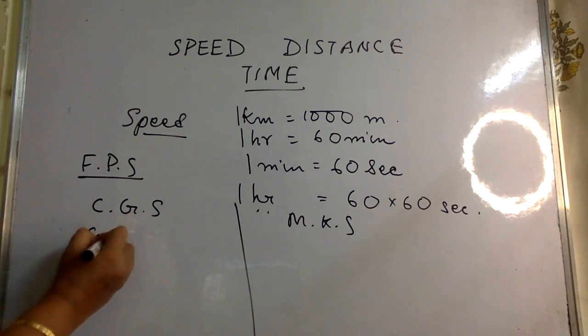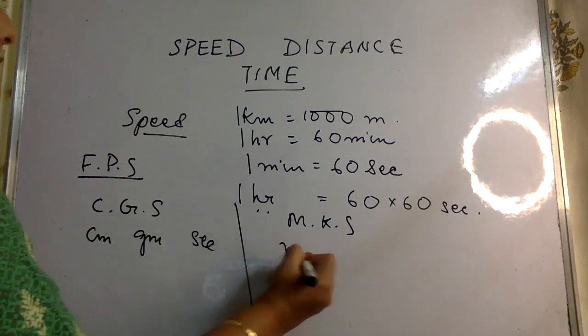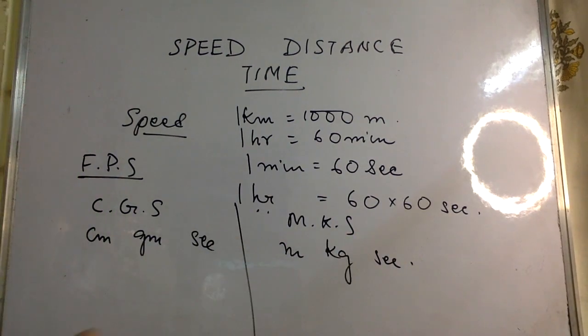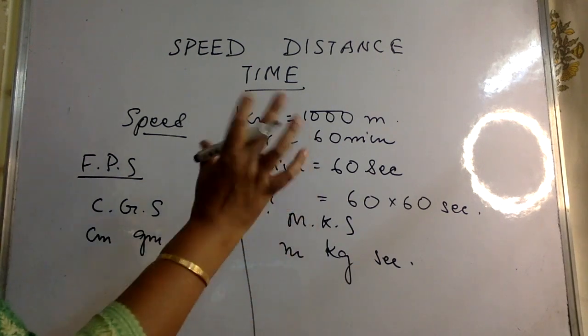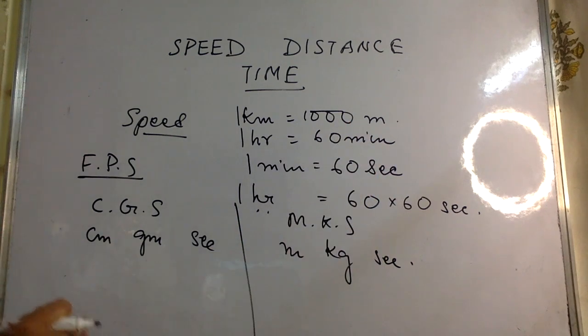CGS is centimeter, gram and seconds. Here it is meter, kg and seconds. So if you are working with meters, then you have to see if you have something in weight, you need it in kg and time in seconds. So this is another thing you have to have a very clear concept about.